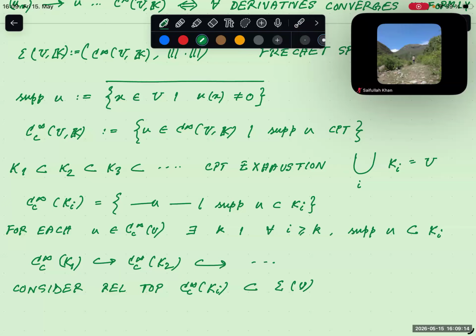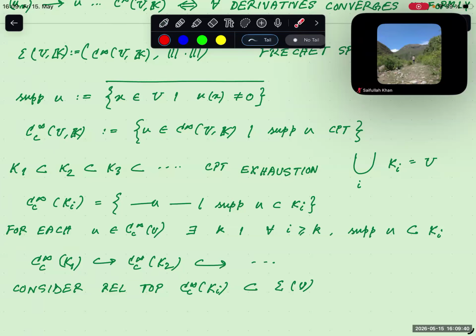Sorry for my handwriting. This is spelled E-X-H-A-U-S-T-I-O-N, not extension. So here we are not extending anything.